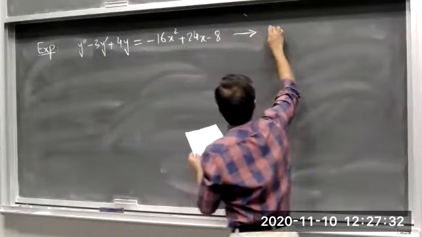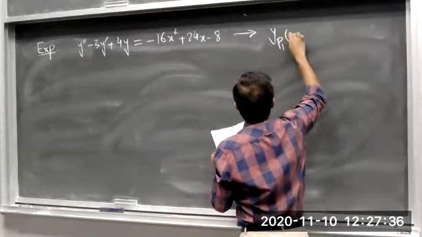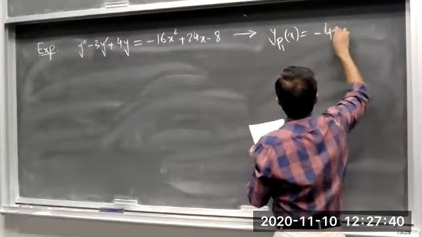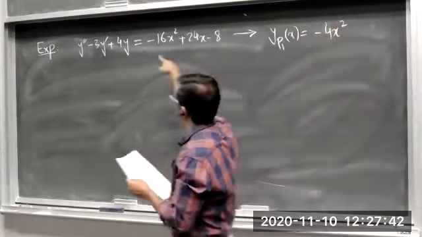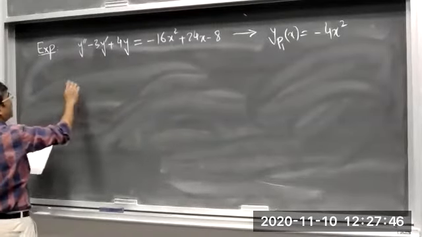This differential equation has a particular integral, for example, y_{p1} of x, and it is minus 4x squared. You can verify that this is a solution of this differential equation by inserting that function into this.